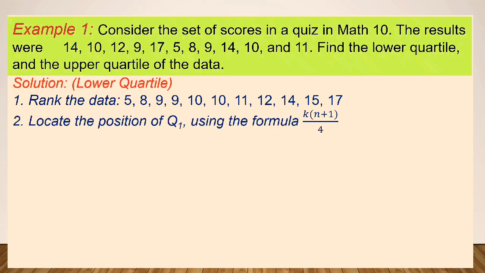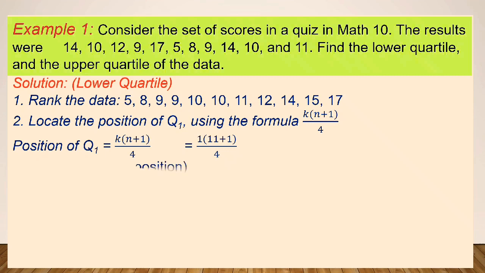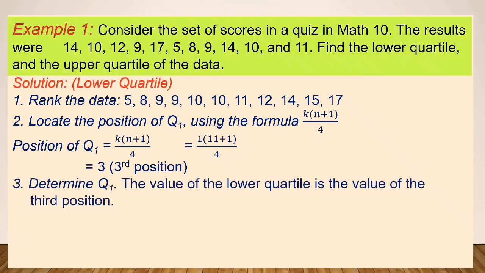Applying the formula for the quartile, we have k is 1, n is 11, getting the quotient of 1 times the quantity 11 plus 1 all over 4, that is equal to 3. Since the value that we get is a whole number, what we are going to do is to directly locate the position of that in a set of data by counting.